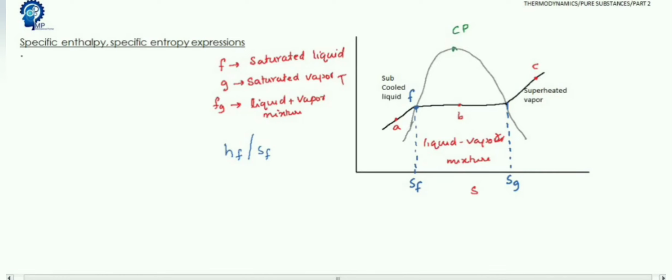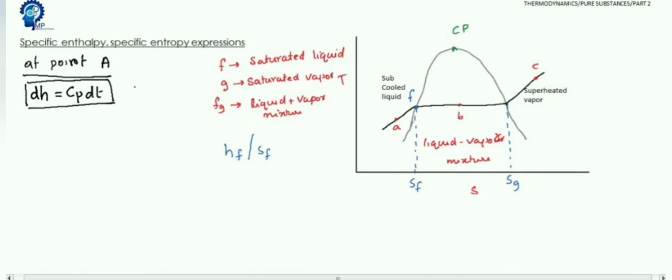Now let us consider the point A. At point A, what will be the specific enthalpy and the specific entropy? We know point A is in the subcooled liquid region. Keep that in mind. Now we know the basic thermodynamic equation: change in specific enthalpy is equal to Cp dT.